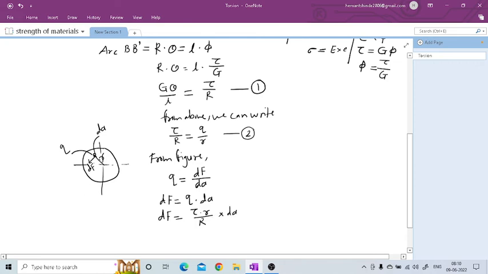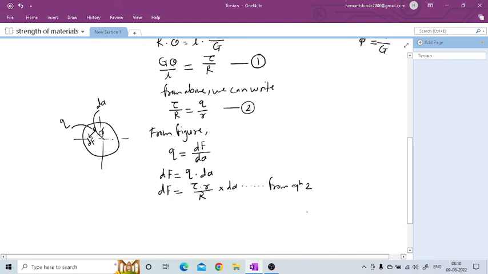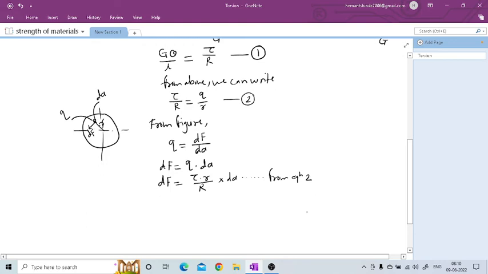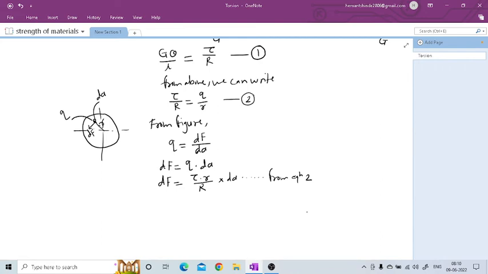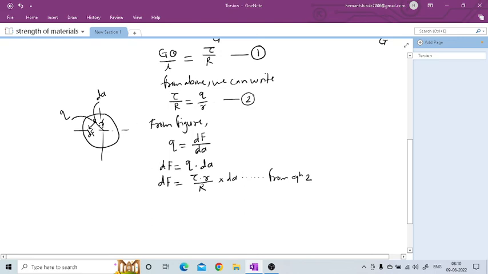I have taken the value of q from equation number 2. So dF is equal to tau into r divided by capital R into dA. This will provide me the value of small force which is present in this small area.